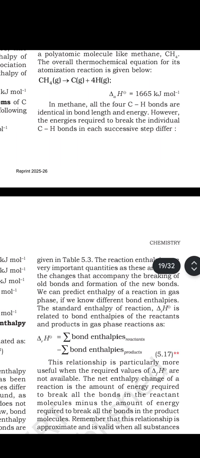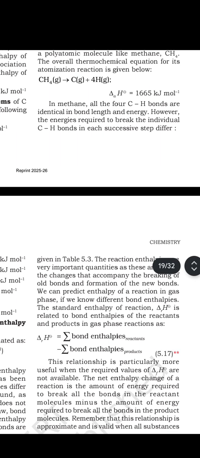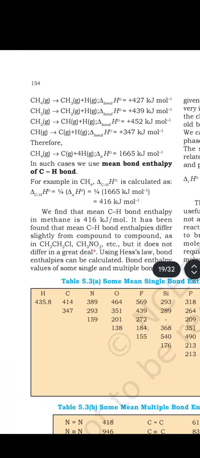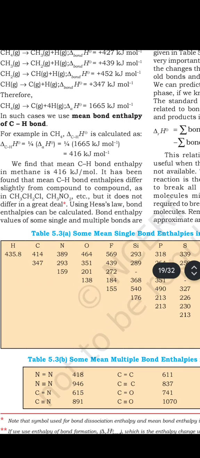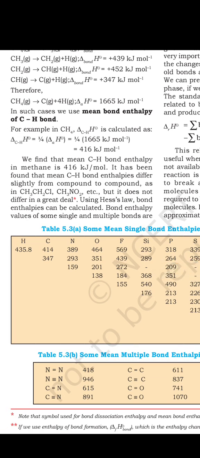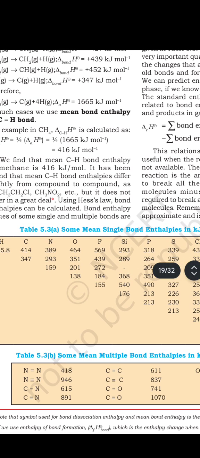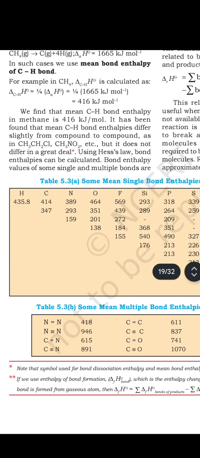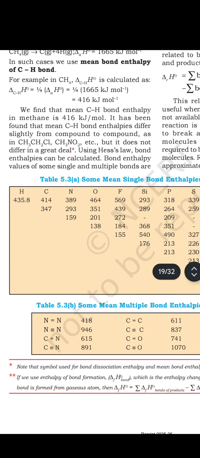However, the energies required to break the individual carbon-hydrogen bonds in each successive step differ. We find the mean carbon-hydrogen bond enthalpy in methane. It has been found that the mean carbon-hydrogen bond enthalpy differs slightly from compound to compound, but it does not differ to a great extent.